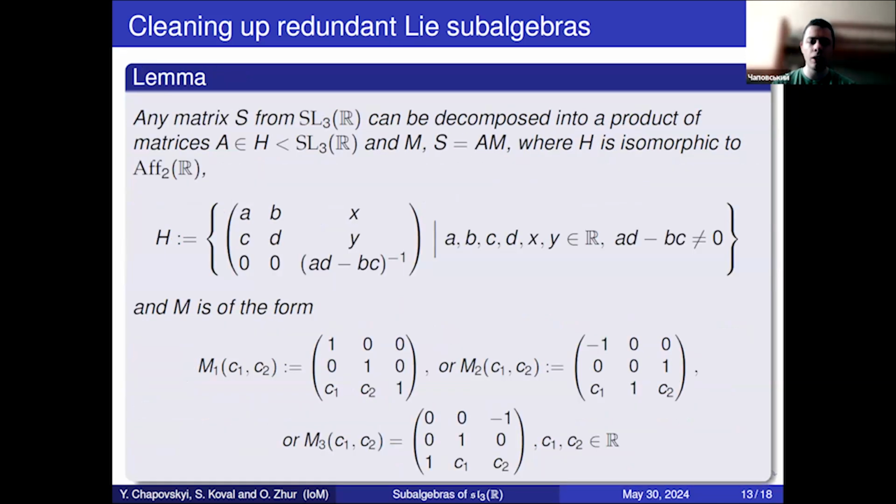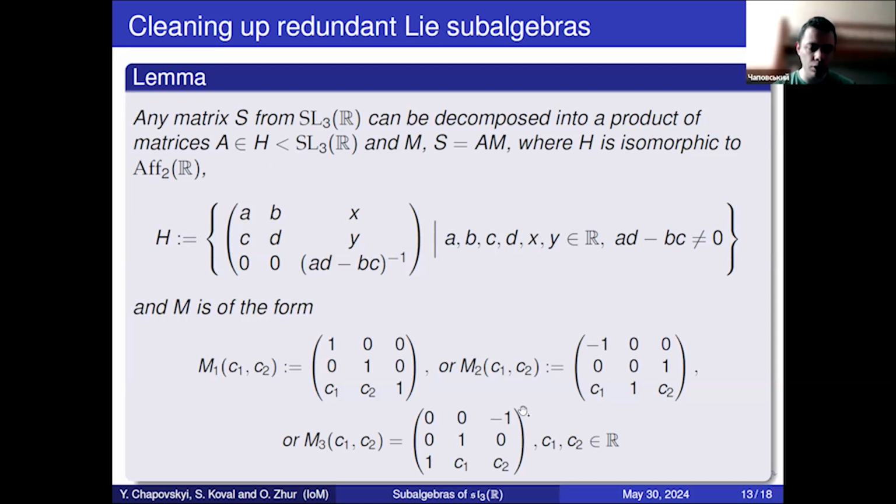The next lemma provides this complementary subset for SL3 for the subgroup H, which corresponds to the Lie algebra A1.